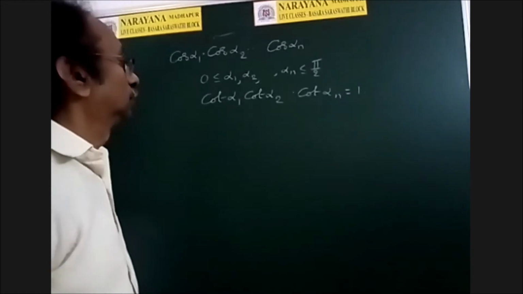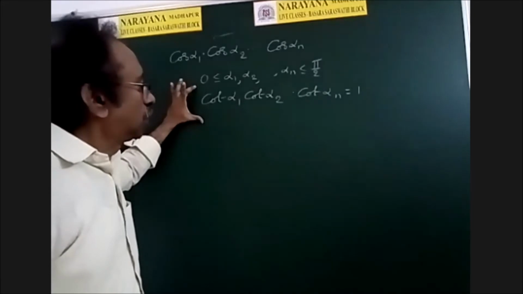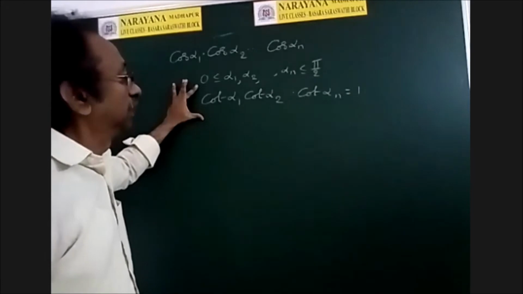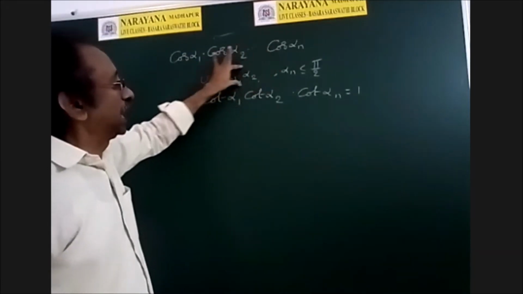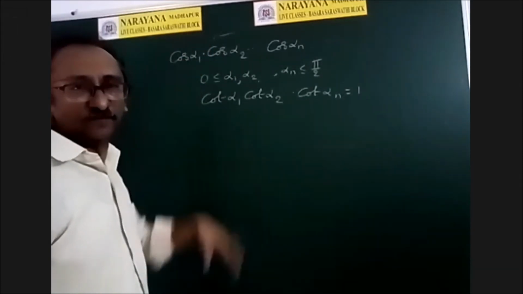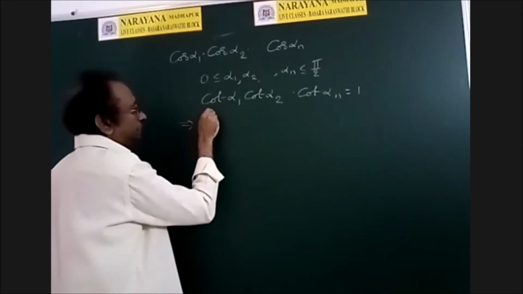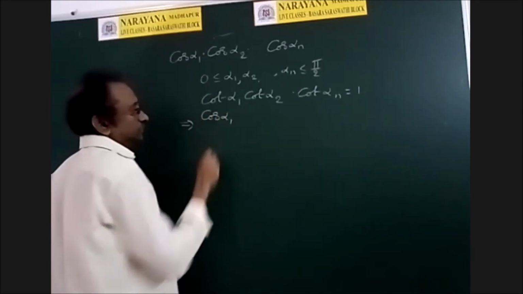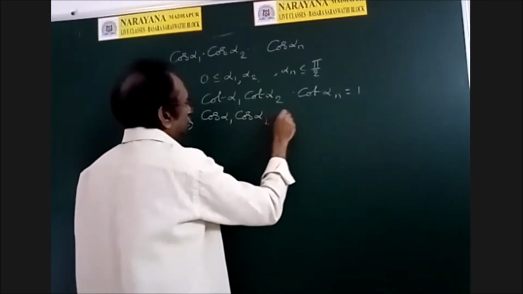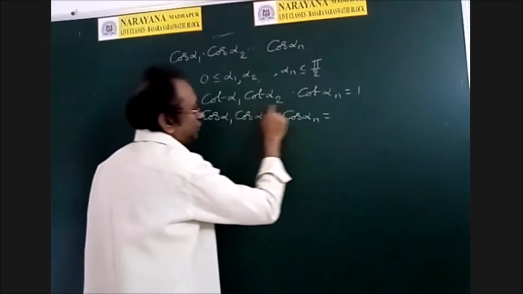Okay, sir. So, see, given information is cot alpha 1, cot alpha 2, so on cot alpha n is equal to 1. The product is 1. Not only that, given that all angles are in first quadrant, the question is, what is the maximum value of this product? So, let us start this. Cos alpha 1 by sin alpha 1, and I will write that in a single step, cos alpha 2 and so on cos alpha n is equal to, what is the denominator here?